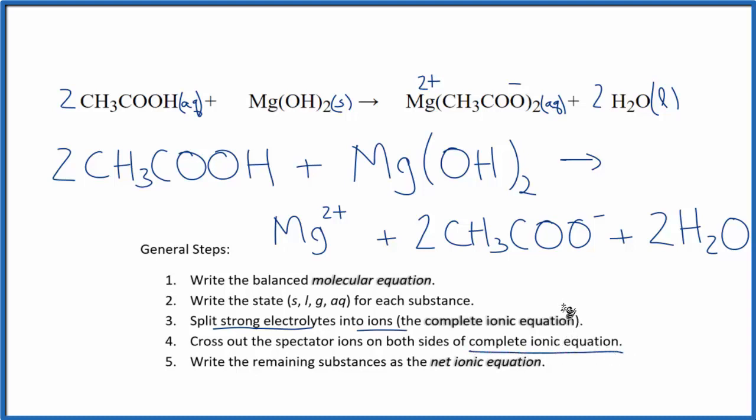When we do net ionic equations, we cross out things that are the same on both sides, things in the reactants that show up also in the products. But everything's different. This acetic acid is very different than the acetate ion. So everything's different. In this case, the complete ionic equation is the same as the net ionic equation. Let me clean this up and write the states in, and then we'll have our nice net ionic equation.